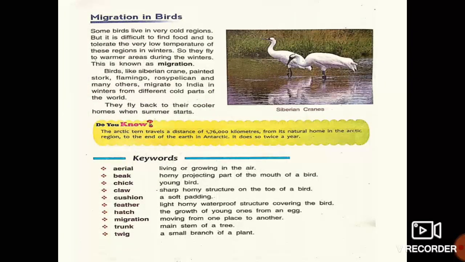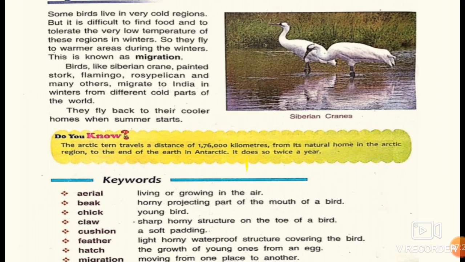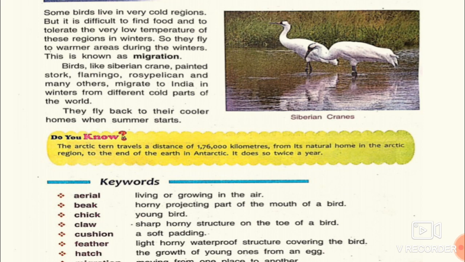And the last topic is migratory birds. Now, some birds live in very cold regions, but it is difficult to find food and to tolerate the very low temperature of these regions in winter. These places are too cold and not comfortable for birds to lay their eggs or raise their children.